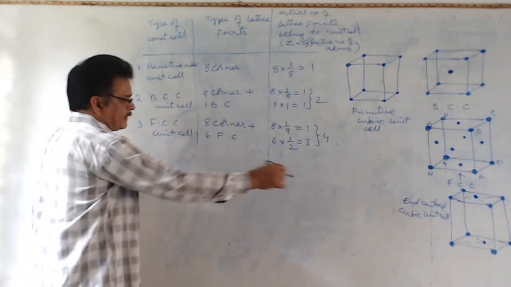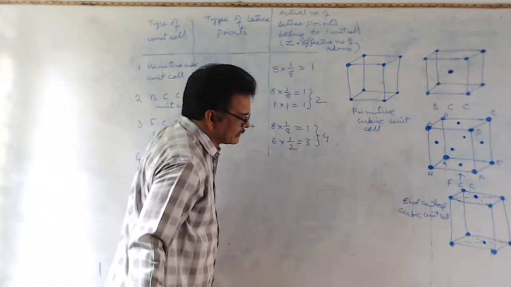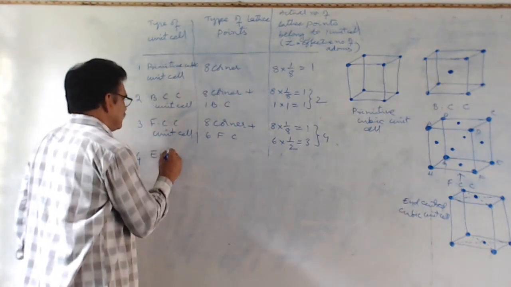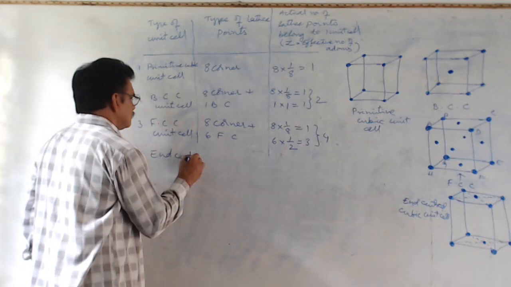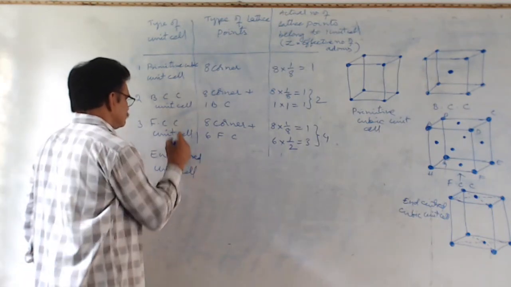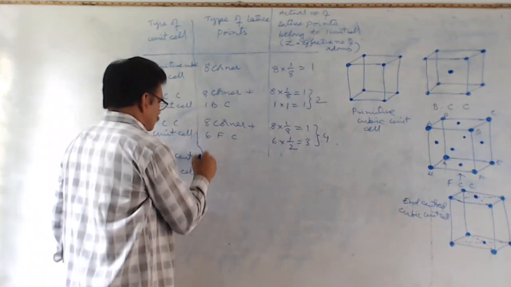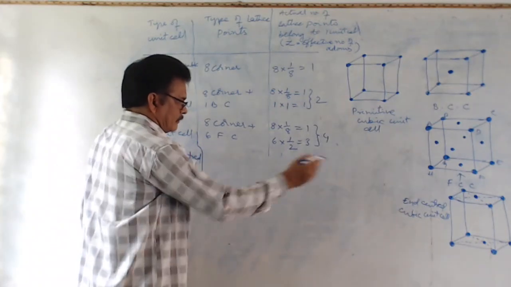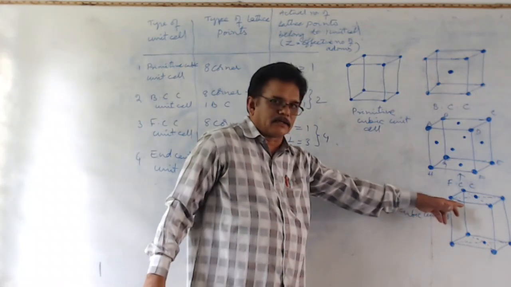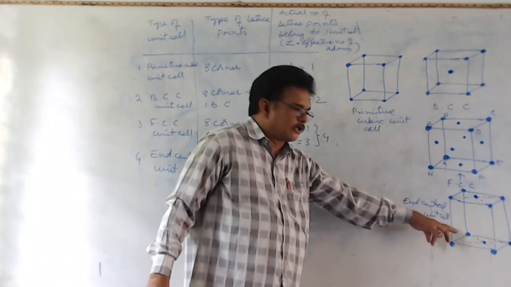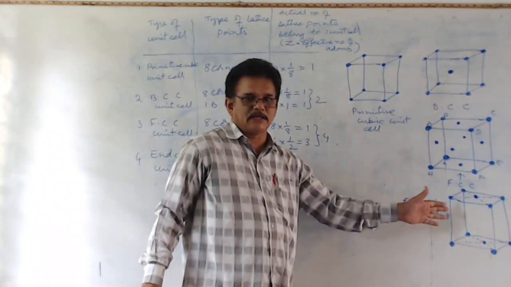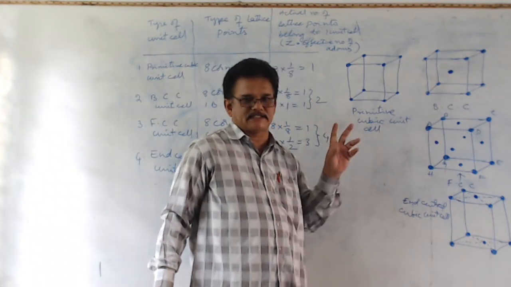Similarly, the fourth one, end centered cubic unit cell. Now, where are the points located? The lattice points are located at the 8 corners and 2 at the face centers of opposite faces along only one axis.